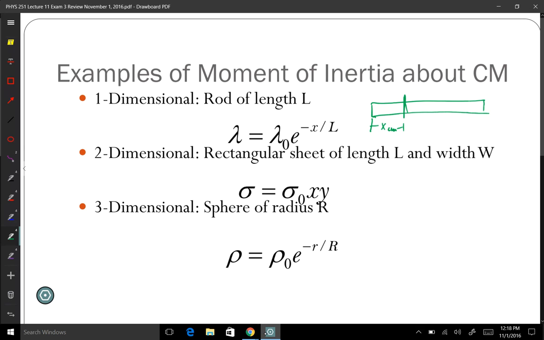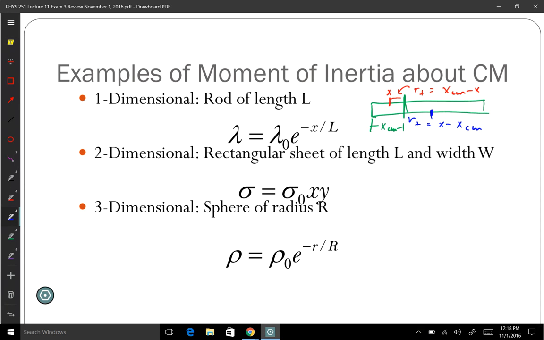If I have an x that goes out to here, then my r perpendicular is this distance. And if it went to the other side, then r perpendicular is equal to x minus xcm.